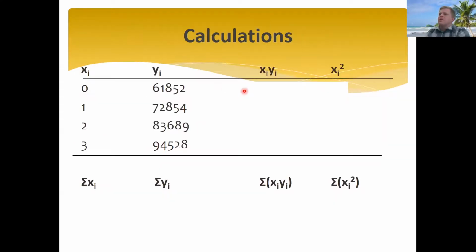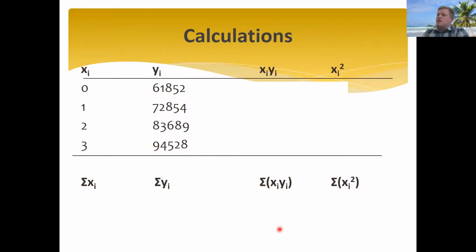All right, so what I have here are our x values and here are our y values. So this value for 0 would be x1, the value for 1 would be x2, this would be x3, x4. And over here we have y1 is 61,000 miles, y2 is 72,000, y3 is this 80,000, and y4 is this 94,000 value.